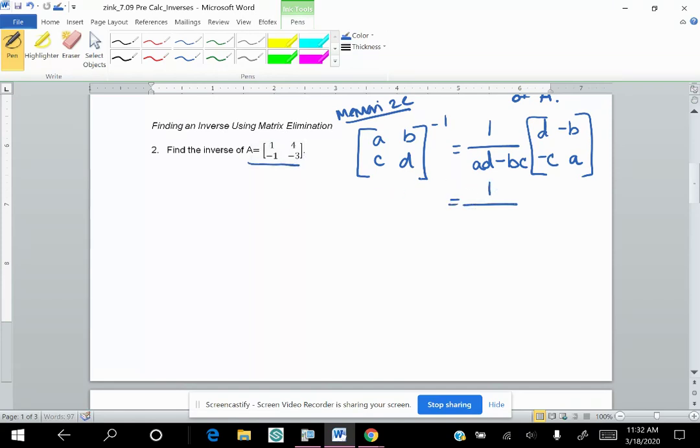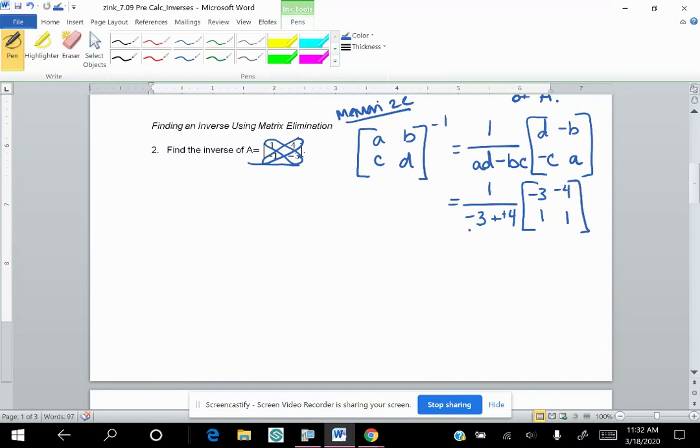So I've got 1 over, so A times D is going to be this diagonal. 1 times -3 is -3. 4 times -1 is -4. So it's minus -4, which is plus 4. And then we switch along the first diagonal and negate along the other.